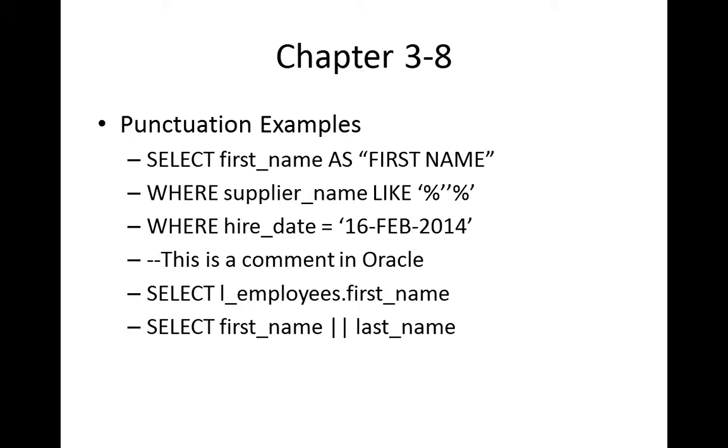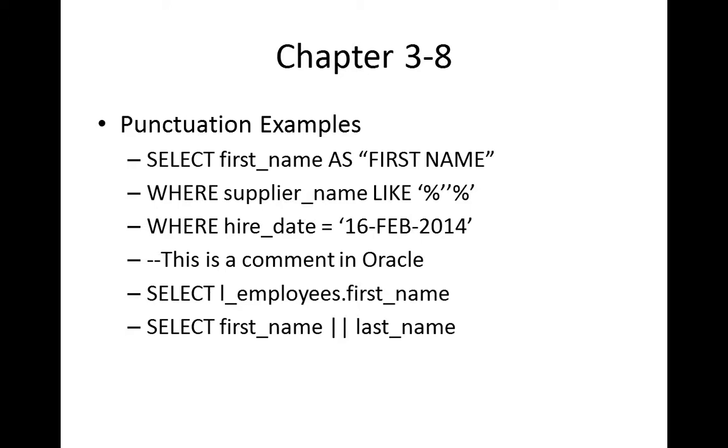We talked just before we took the break about using multiple entities when we write our queries. One of the ways that we can identify that entity is to put the entity name, dot, and then the attribute name.